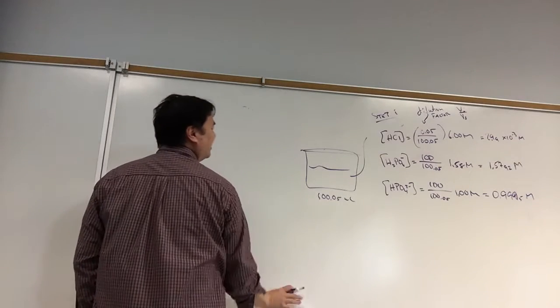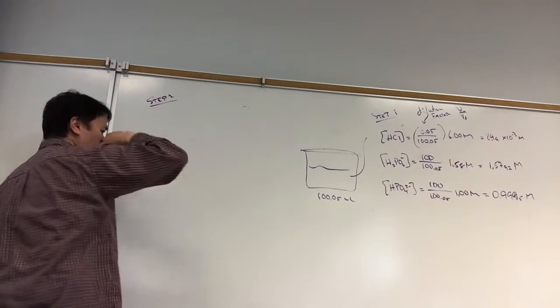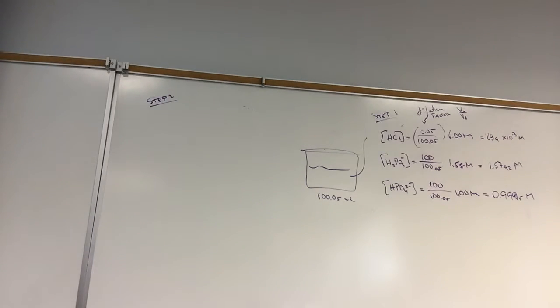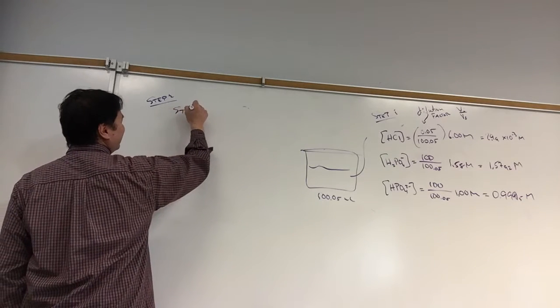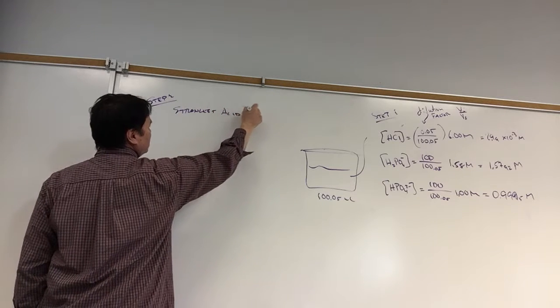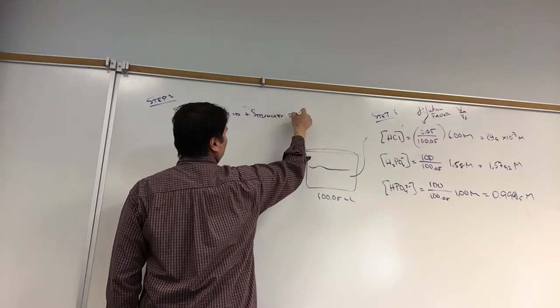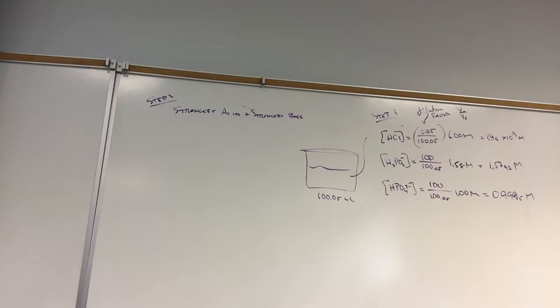Now we do step 1. Step 1 in chapter 17: usually pick the biggest K, and it's the same thing. We pick the biggest K, but now in chapter 17 we have more complex mixtures. And so when we pick the biggest K, we take the strongest acid present. It doesn't have to be a strong acid. Strongest acid plus strongest base present. So what is the strongest acid present?